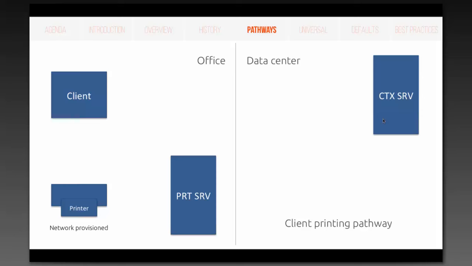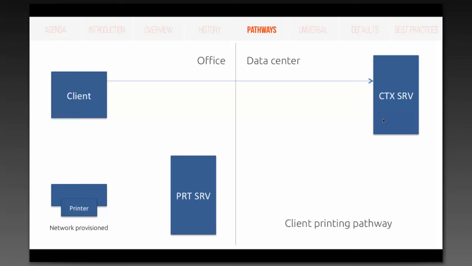Now, if we have a look at the same setup, you can see some of the differences between the two. Just a few slides ago we were applying the network printing pathway on this setup, but if we force it to use the client printing pathway, the client will again have a session on the Citrix server, but this time the print output won't be sent from the Citrix server to the print server.